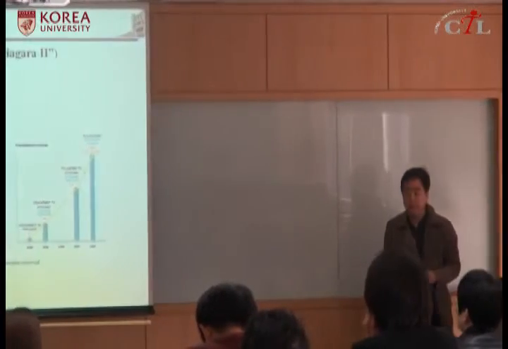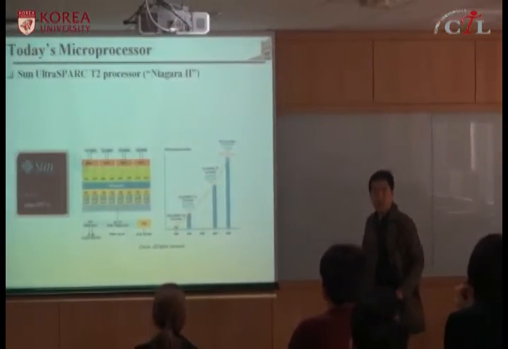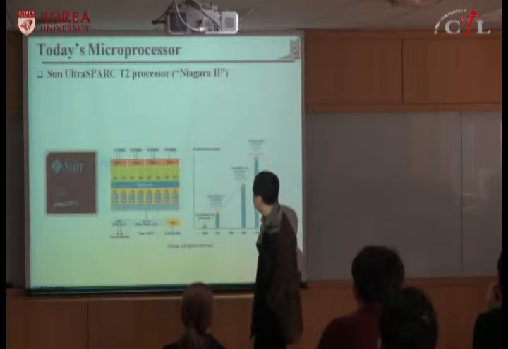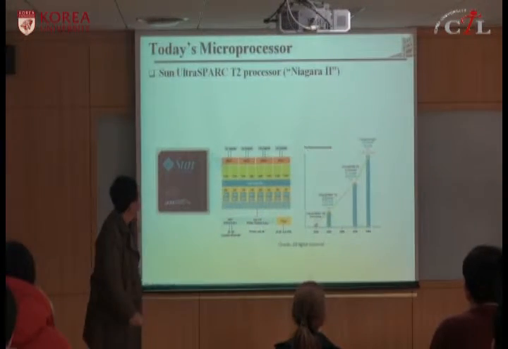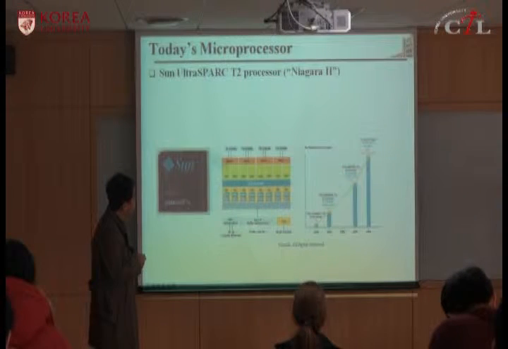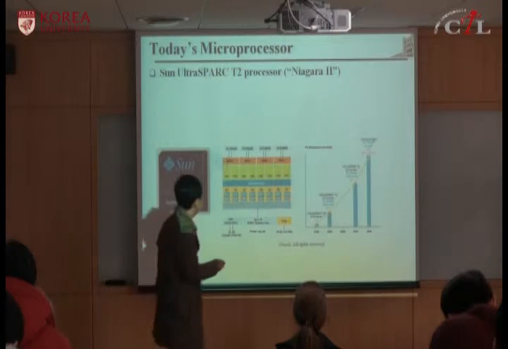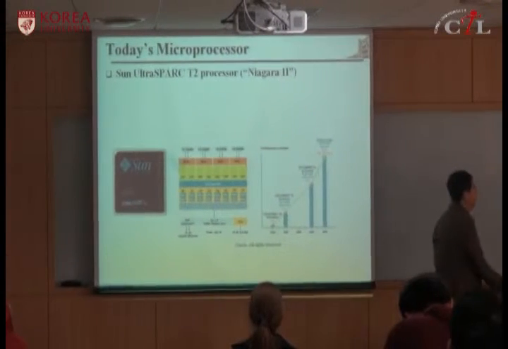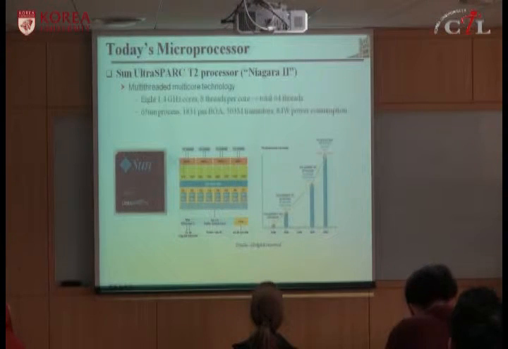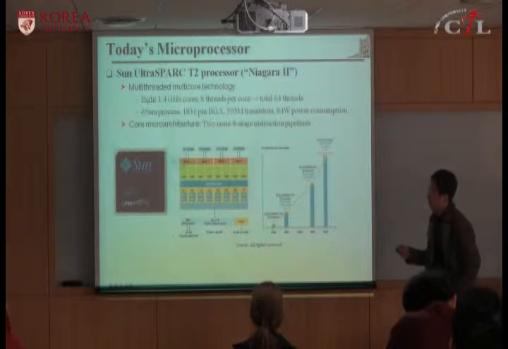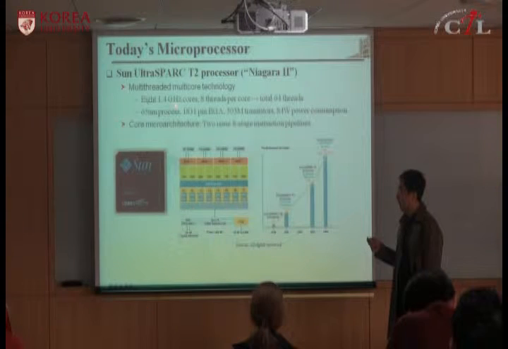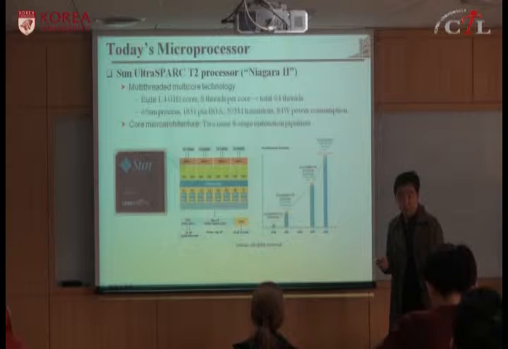Okay, let's look at other microprocessors. This shows Sun's UltraSPARC T2. The code name was Niagara 2. The CPU clock runs at 1.4 gigahertz, but each CPU chip contains 8 processor cores.